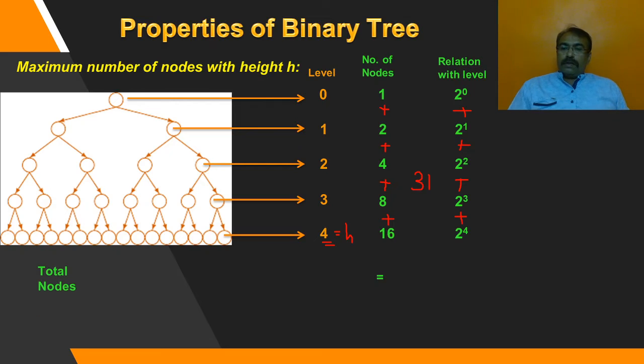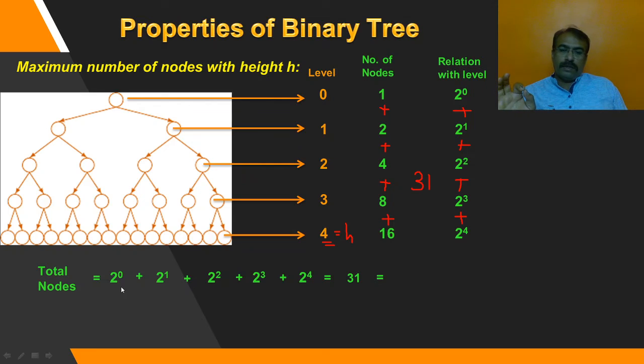So how many total number of nodes are we going to have? The total number of nodes will be 2 raised to power 0 plus 2 raised to power 1 plus 2 raised to power 2, 2 raised to power 3, 2 raised to power 4, which is equal to 31. That's the calculation we have done. What exactly is this?